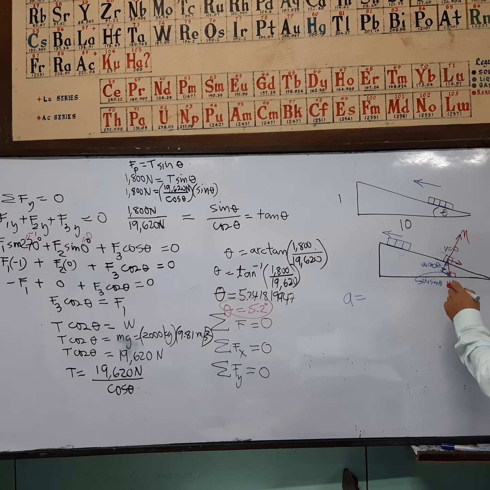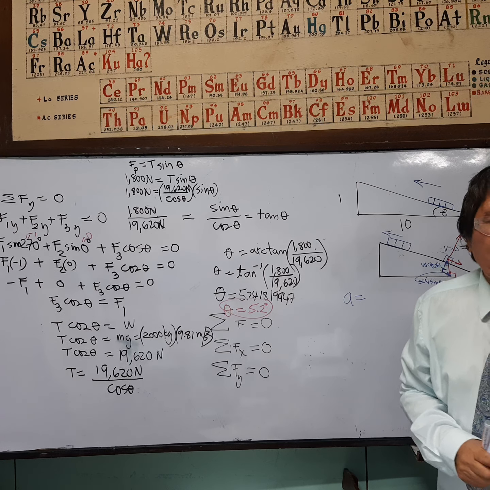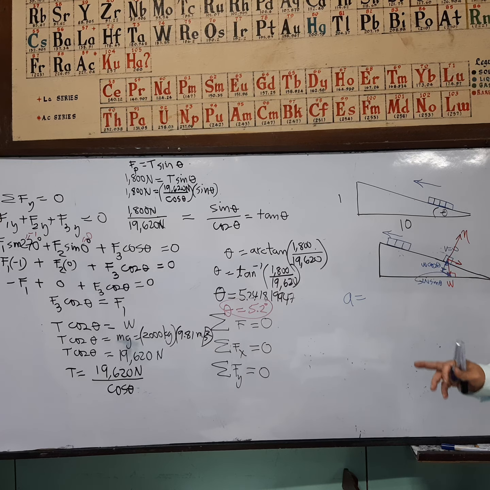Okay. As it goes up, there is no more main body here. This is left behind. There is now a force pulling the car down. And this force is W sine theta, parallel to the plane.